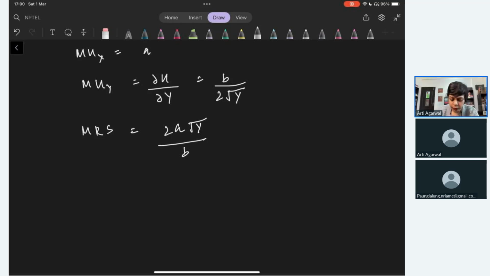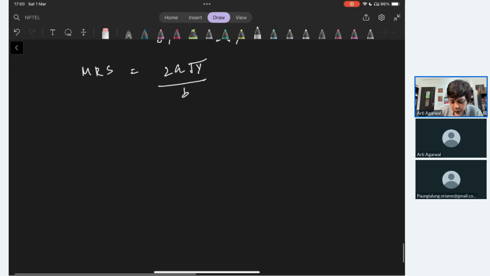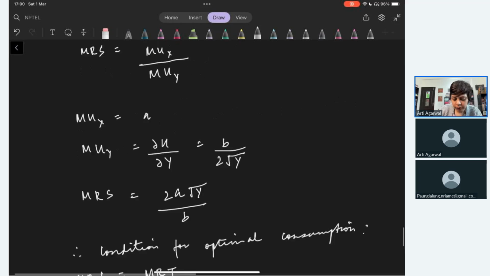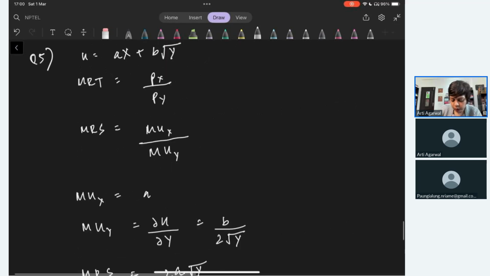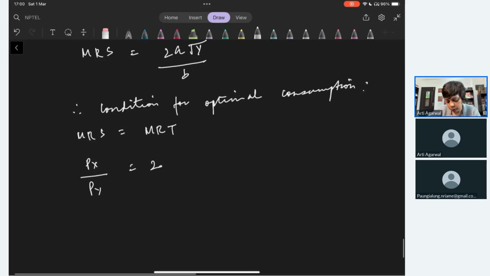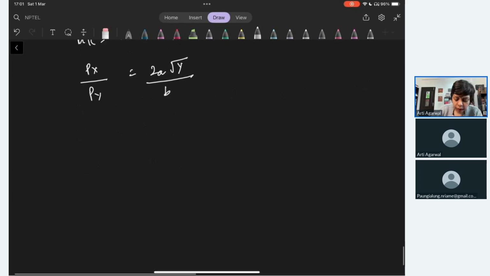This is pretty simple. Therefore, condition for optimal consumption is MRS equal to MRT, which is PX by PY, is equal to 2A root Y by B. And if you want, you can simplify this.